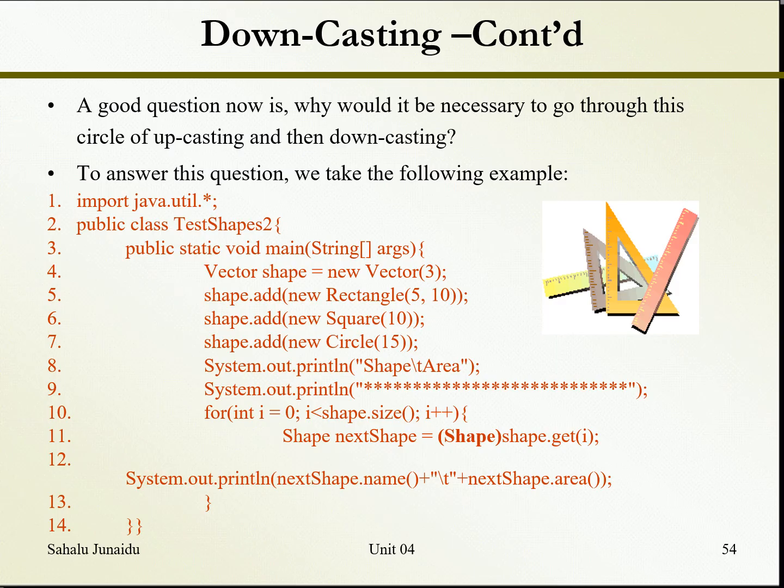No. So this is where it is necessary to cast it by wrapping this in a shape. Once we have this as of type shape, that's enough. So we can say next shape, then we can call all those methods, name and area, as the case may be. Without this, it will lead to an error.